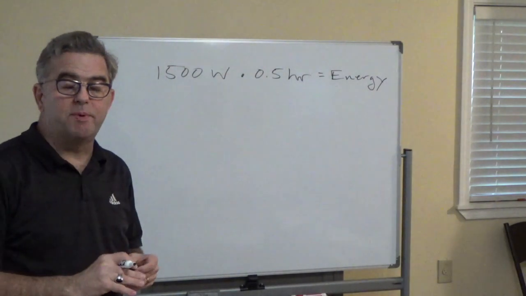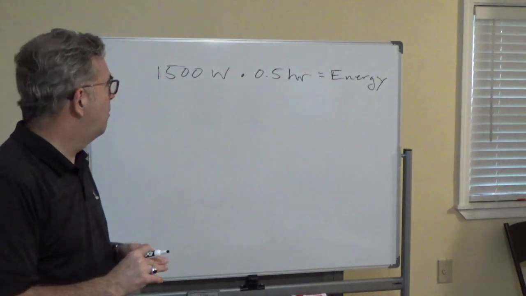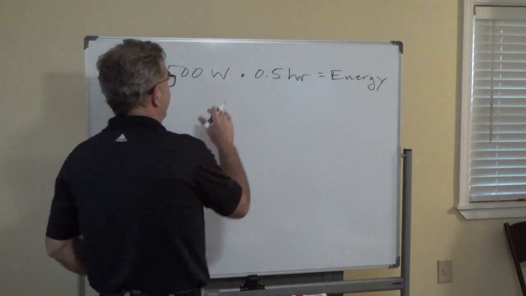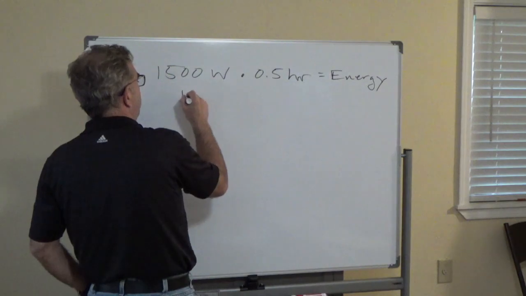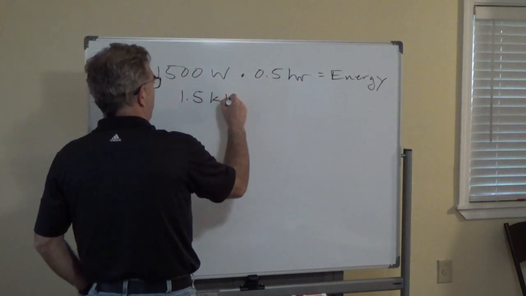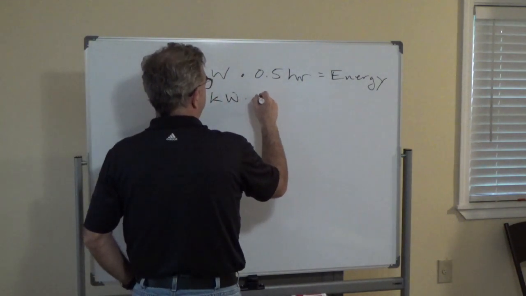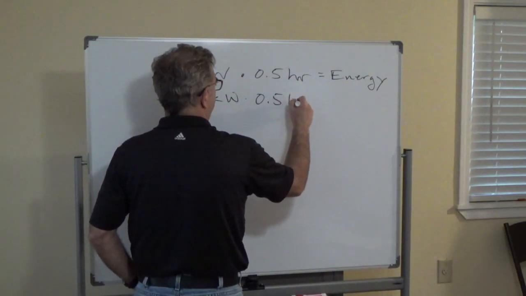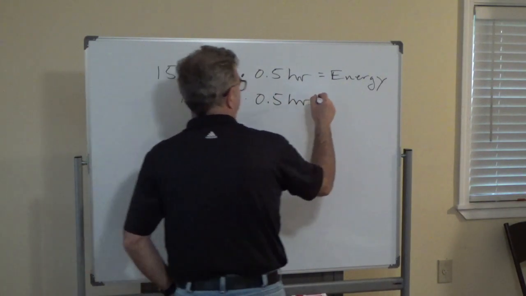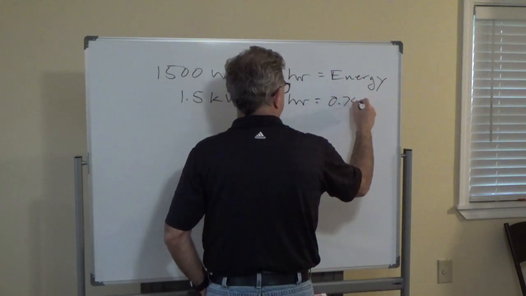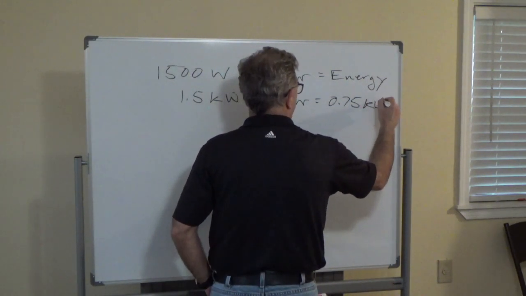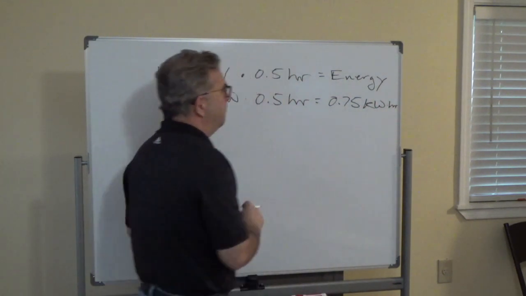The utility company charges you for power or energy in kilowatt hours. So this is 1.5 kilowatts times 0.5 hours. And I think that is 0.75 kilowatt hours. Okay?